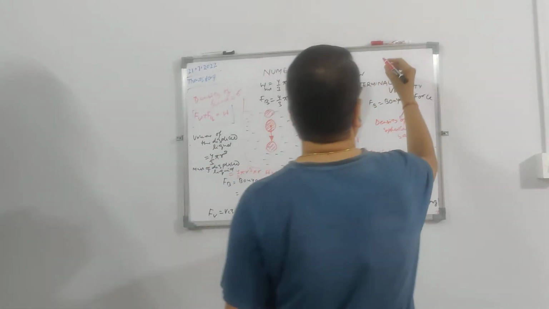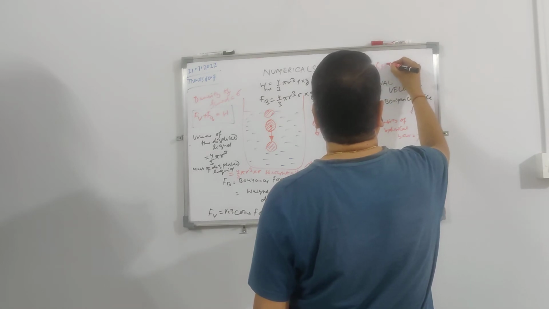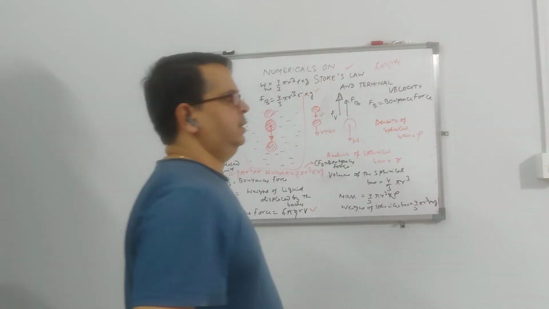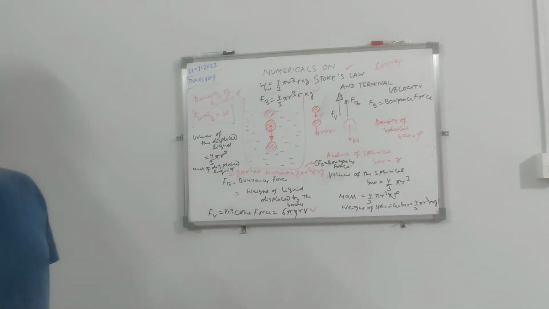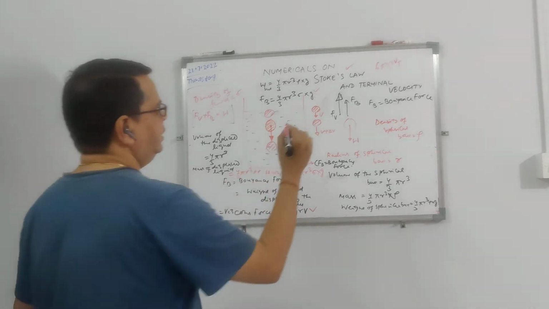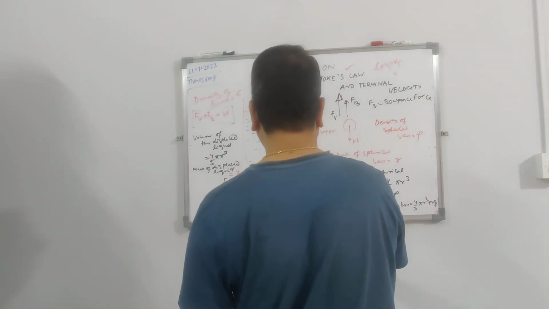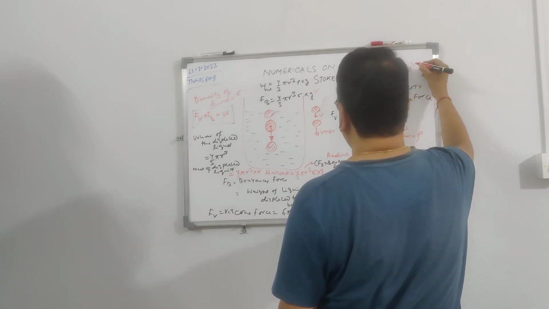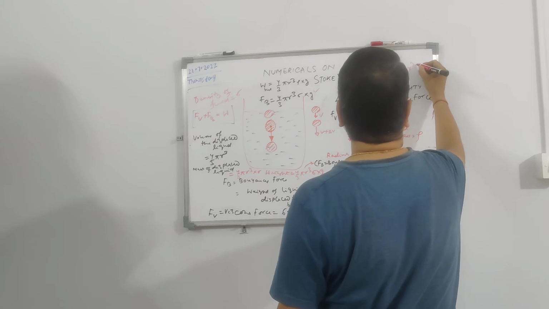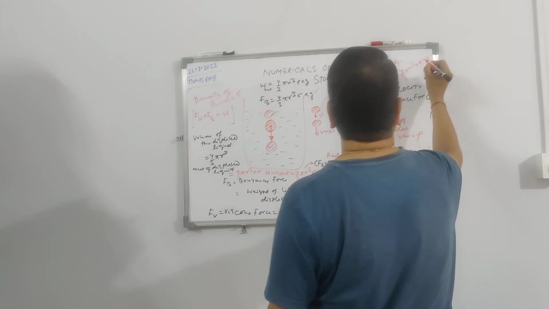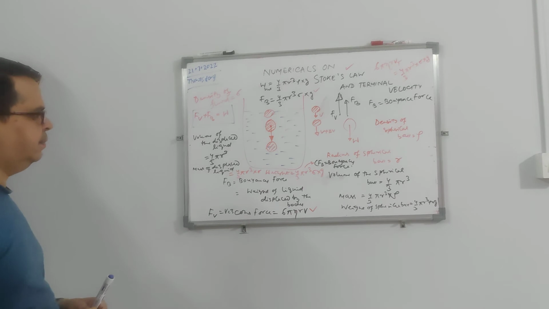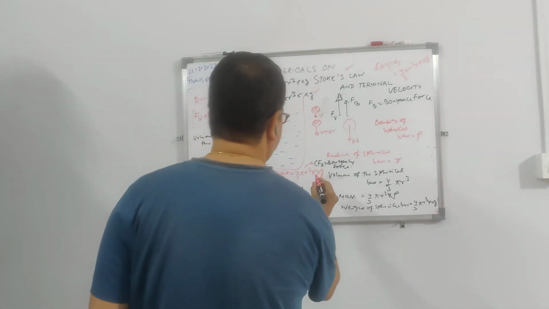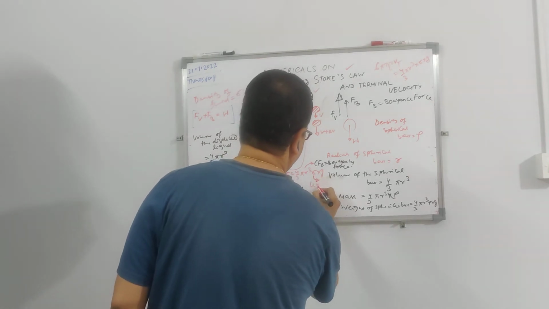By writing 6 pi n r v, where v is the terminal velocity, 6 pi n r v is equal to the weight, which is 4 by 3 pi r cube into sigma into g. Here sigma is the density of the liquid.